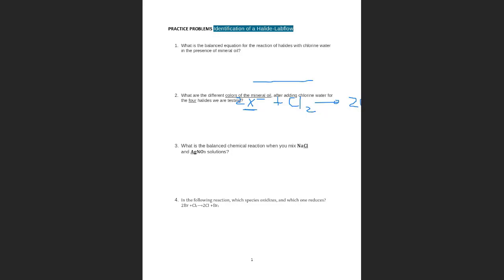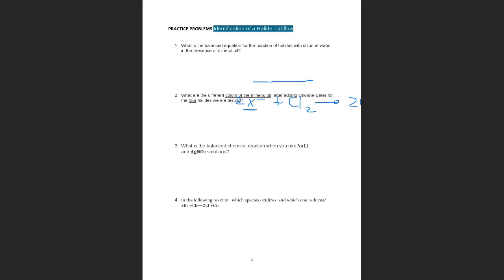Why is that? The halide has to be lower, because then it's a better reducing agent than chlorine. So when is this reaction? It's lower. Yes, that's how we are going to remember.